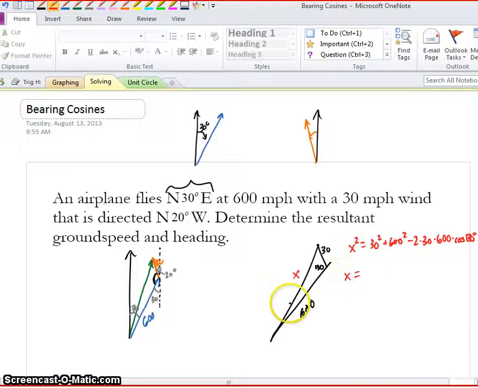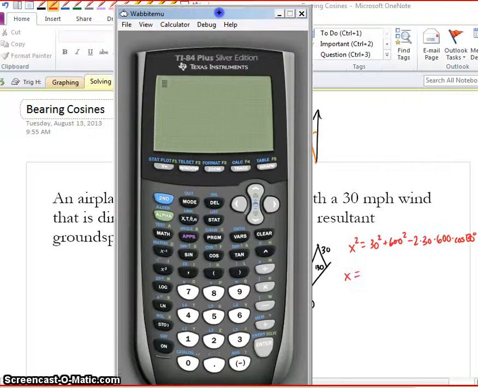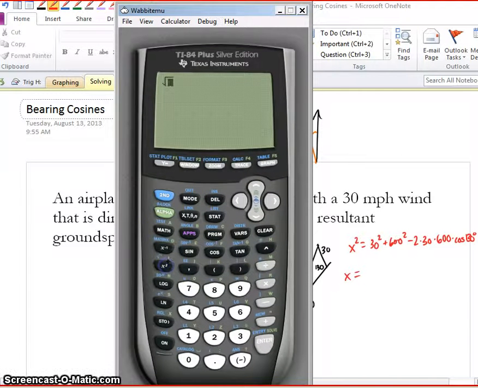Which means that x will be equal to, grab your calculator, move to the side so we can see our equation, the square root of 30 squared plus 600 squared minus 2 times 30 times 600 times cosine of 130. Be sure that you're in degree mode. And we should get about 619.71.